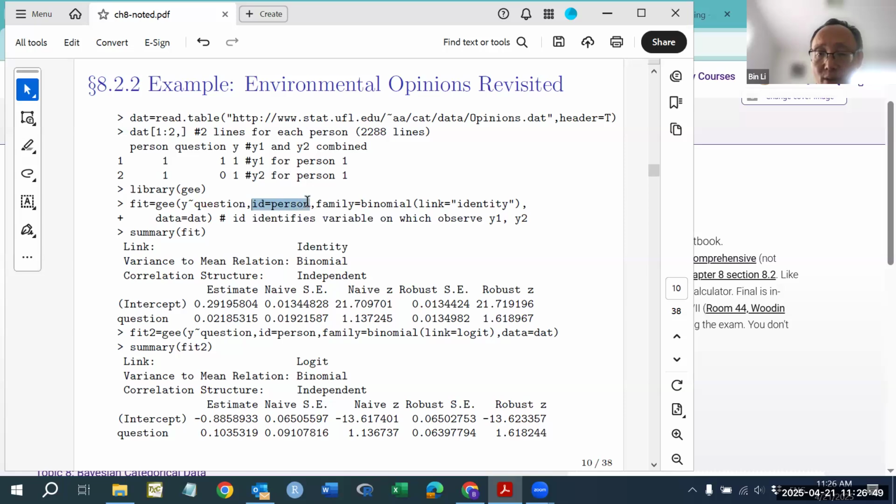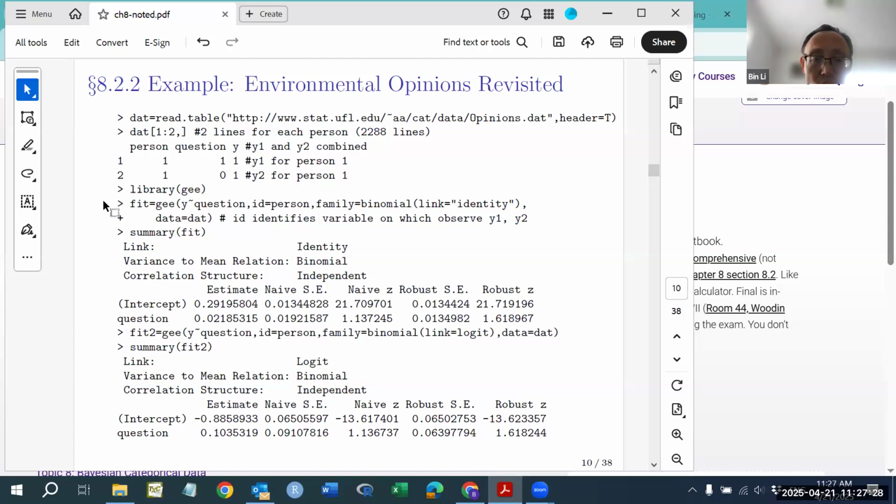So the ID is person, okay? So here, the data format for doing the GEE is in this way. For person 1, it has 2 rows. The first row is person 1 for question 1, and that person is answering yes. For person 1 and question 2, that person is answering no. So like that. This is the format.